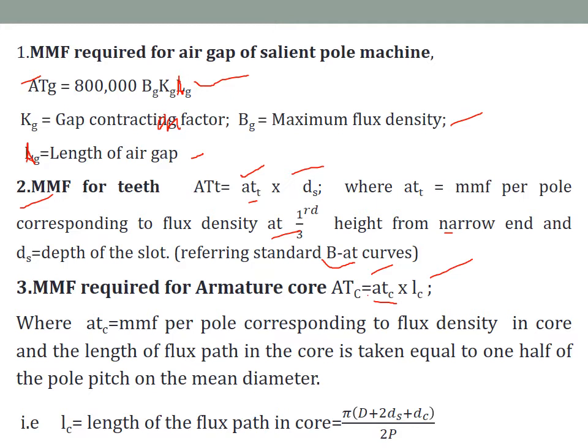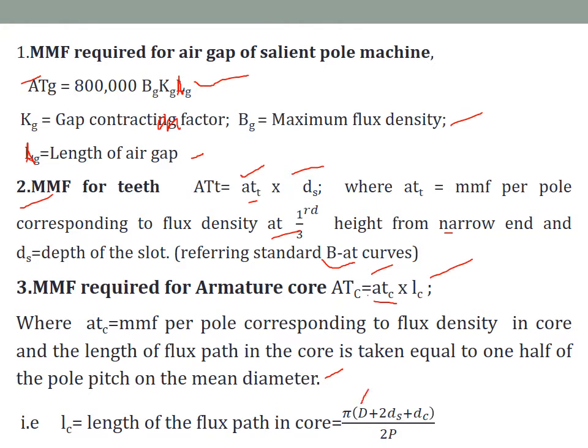The length of the flux path in the core is taken equal to 1/2 of the pole pitch on the mean diameter. So this L_c, the length of the flux path in the core, is taken as pi, times D, the diameter.